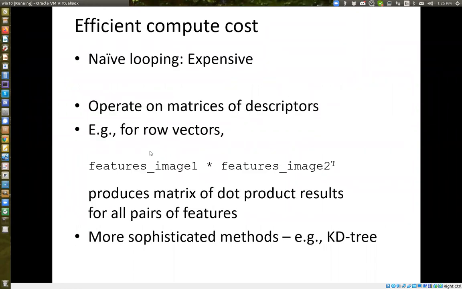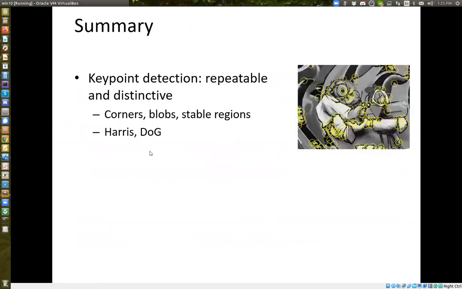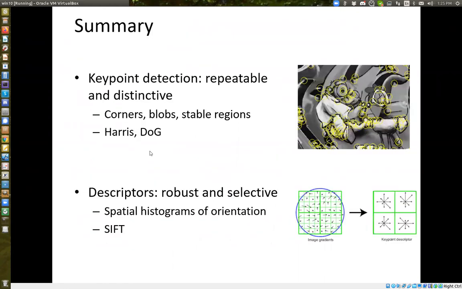So I will skip this one also. This is just a quick summary: keypoint detection, determining keypoints, and descriptors. Again, the Harris corner detector is the simplest one, and we can apply other approaches; SIFT is the most popular one to determine keypoints.